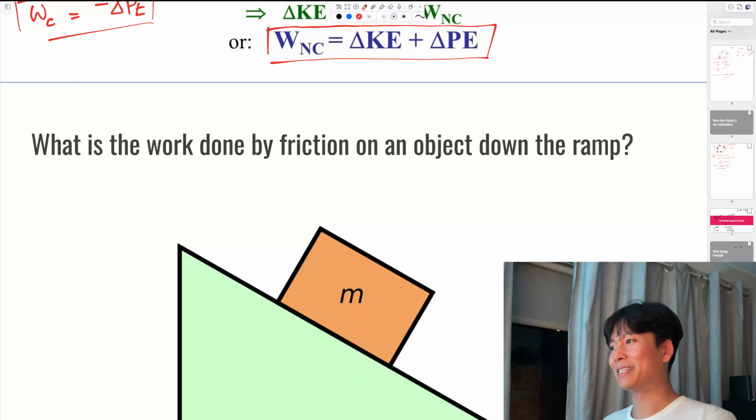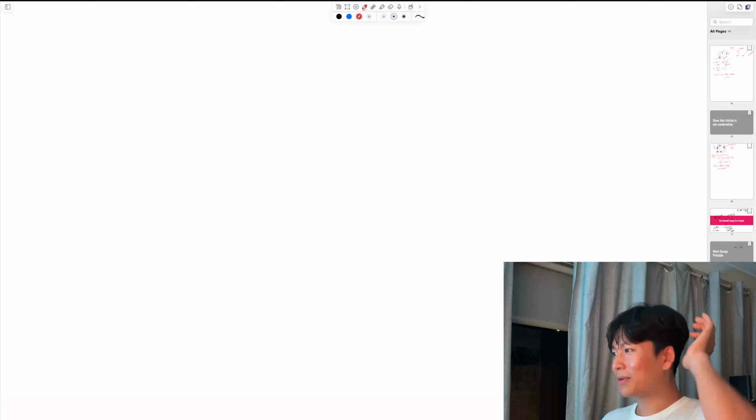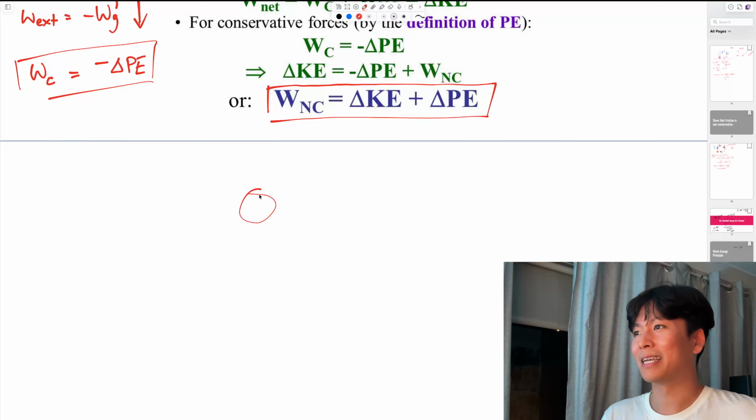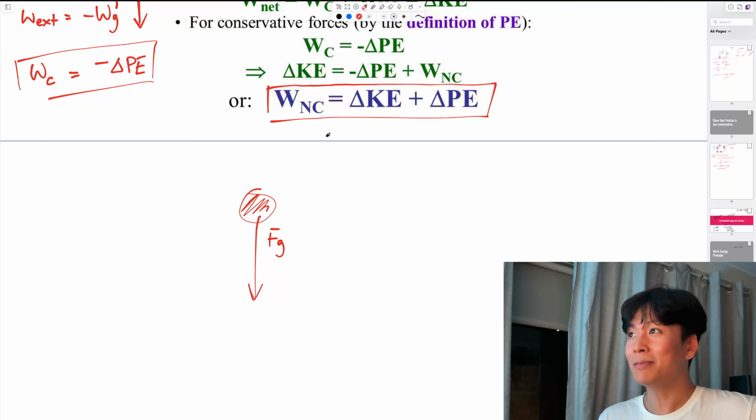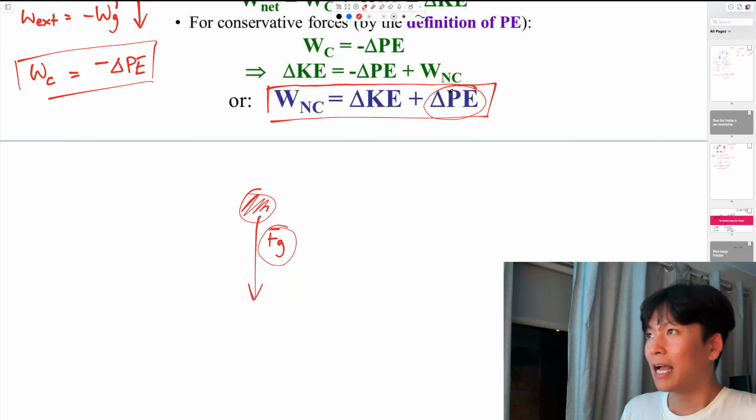I will give you a different example because I think it's better that way. Let's say I have an object dropping down. The only force acting on this object is, of course, the force of gravity. We know that gravity is a conservative force. So we know that in this case, I have changing potential.